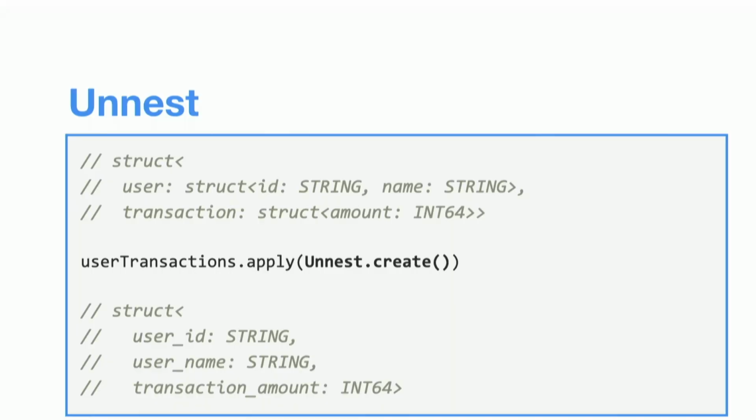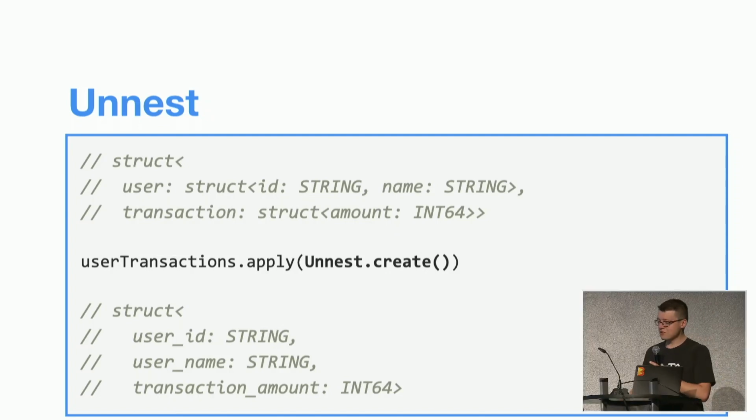There are more transforms. One is called unnest. I really like it. There are many data sources. One of them is BigQuery that supports nested rows. So you can have a row that is, let's say, a user, and it has a nested structure in it. But many other data sources don't support it. For instance, MySQL, as far as I know, doesn't support it. So there is something called unnest that basically allows you to have a flat structure, so the schema with only primitive types as an output.